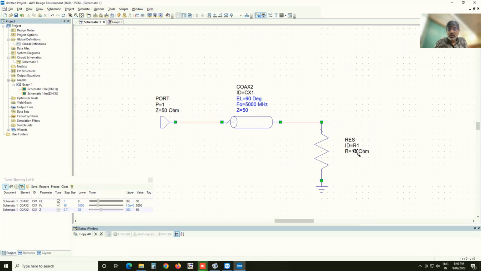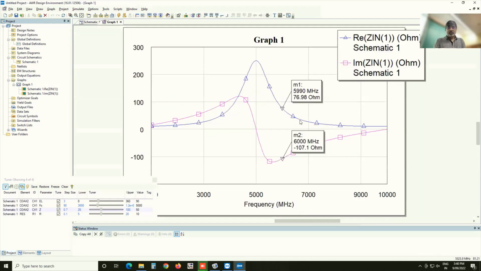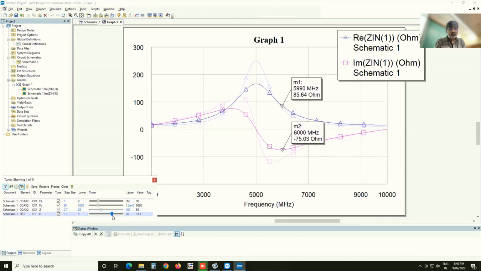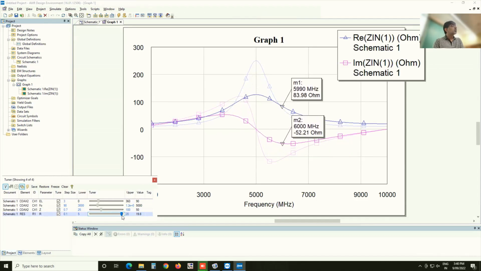Now I'm going to change this. What do I mean by what we are trying to match? We are trying to match 10 ohms to 50 ohms; these are the two extreme limits. You see that if I change that and bring the impedance closer to 50 ohms, then it also becomes broader, right?